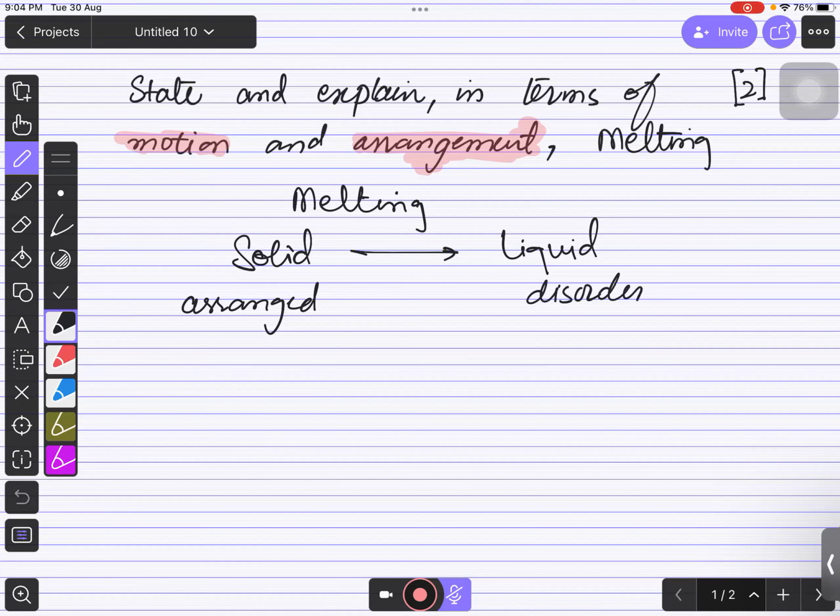You can say disorderly arranged because they can overlap each other. If you talk about motion, in solid the particles are tightly packed, so they exhibit vibratory motion.